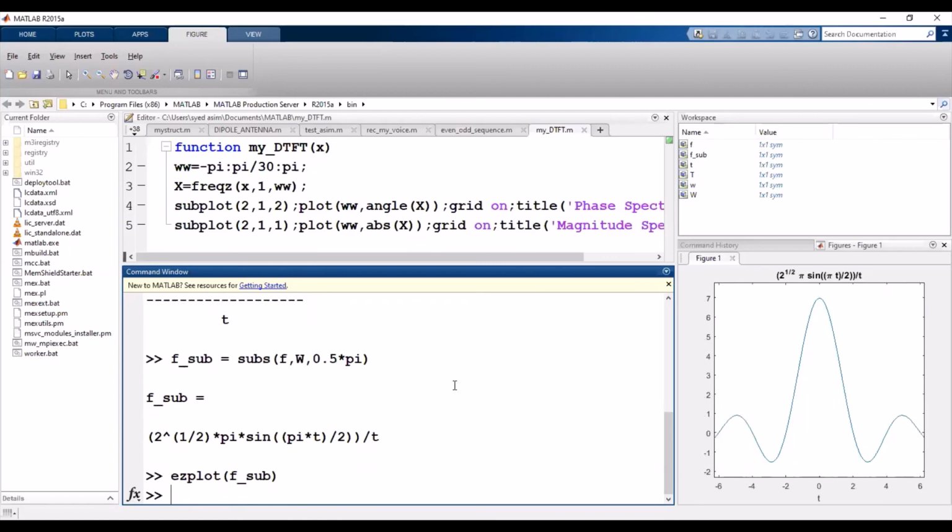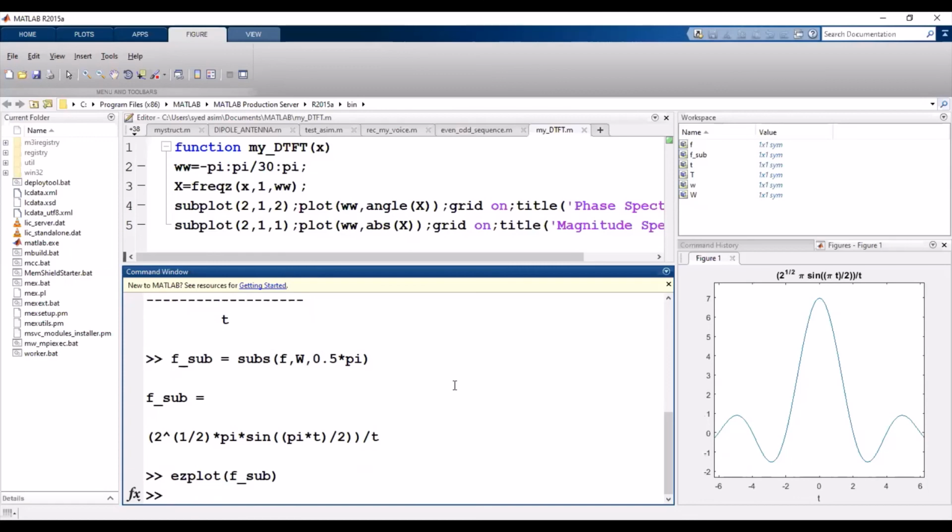So again we have this plot. We know the square pulse is basically the spectrum. The inverse Fourier transform of a square pulse is again this sinc function. So that is basically how we calculate the inverse Fourier transform in MATLAB.